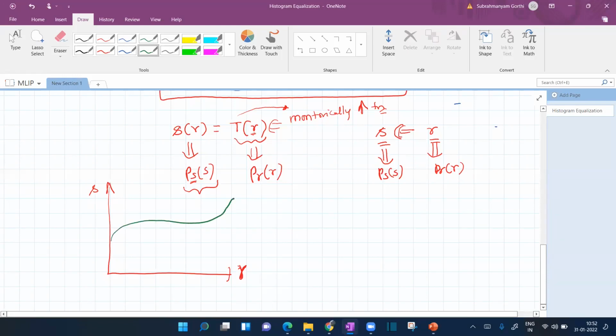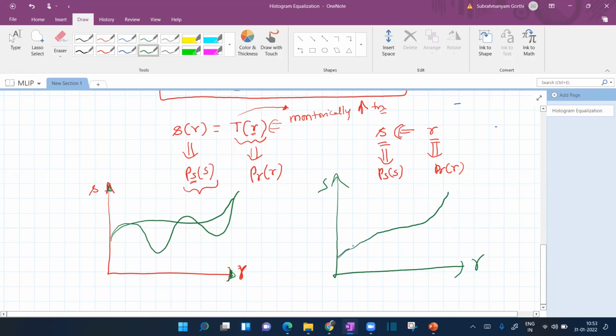When do I call something monotonically increasing? With the increasing value of R, S should either increase or remain the same. Suppose I have a function like this, this is not monotonically increasing. On the other hand, if my R and S is like this, it is never decreasing with R. Let me put it in the perspective of intensities.